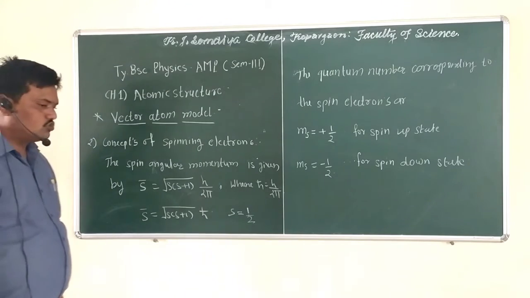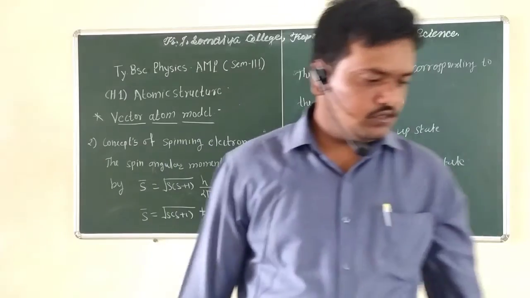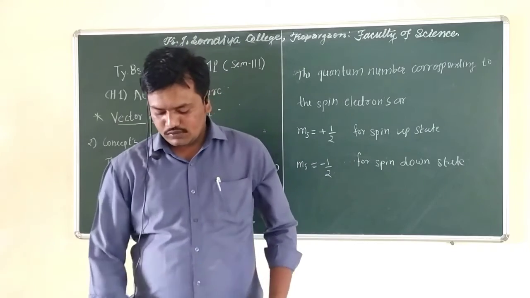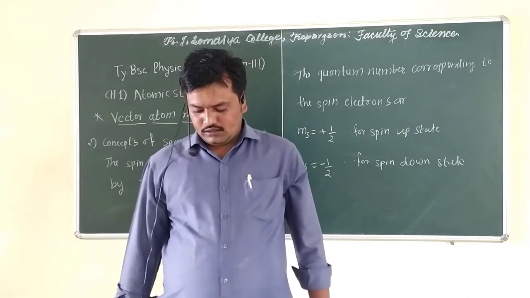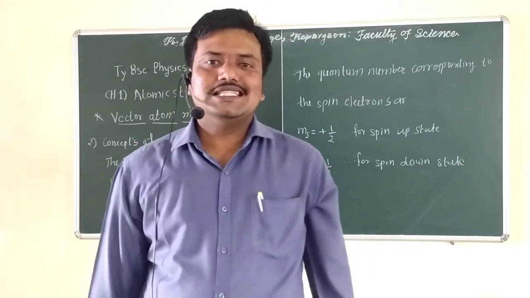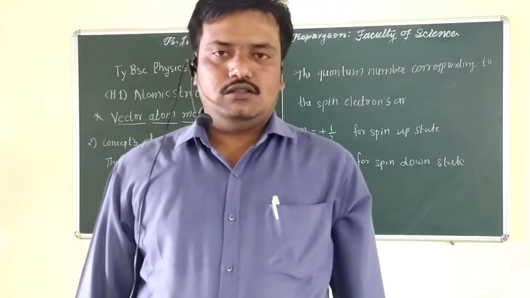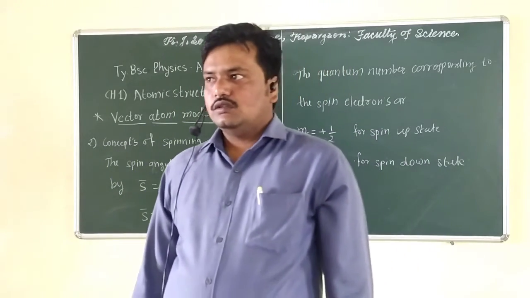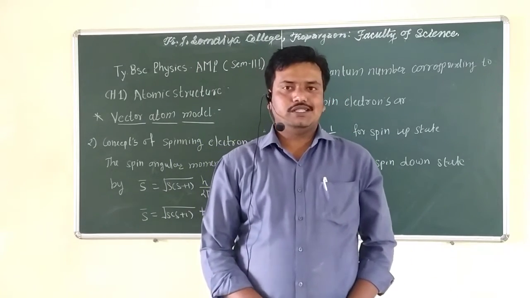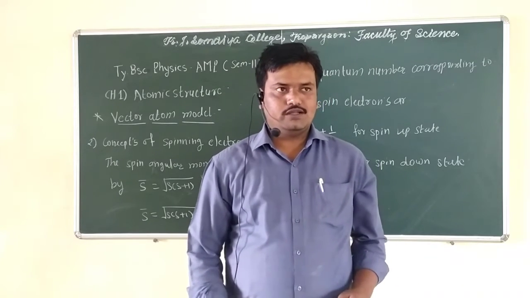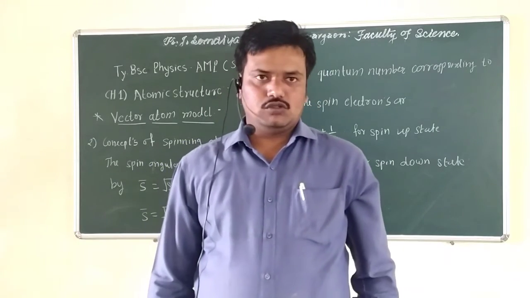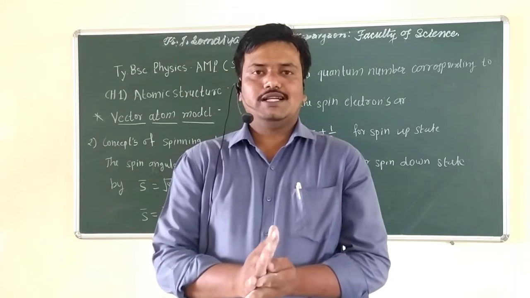Okay, so you know that according to quantum mechanics, the Schrödinger equation has three quantum numbers: n, l and ml, that is the principal quantum number, orbital quantum number, and orbital magnetic quantum number. But these quantum numbers could not explain the theory of, for example, the sodium doublet, which has wavelengths of 5890 angstrom and 5896 angstrom.